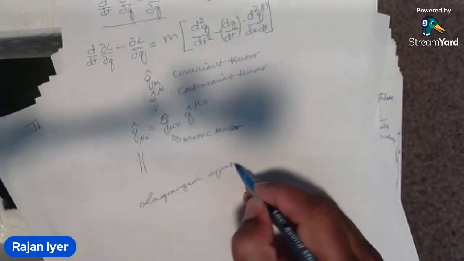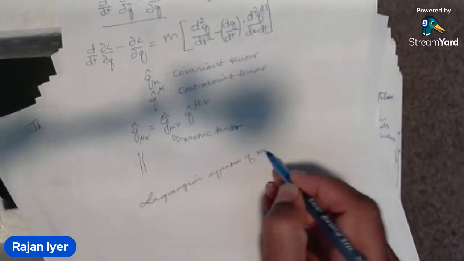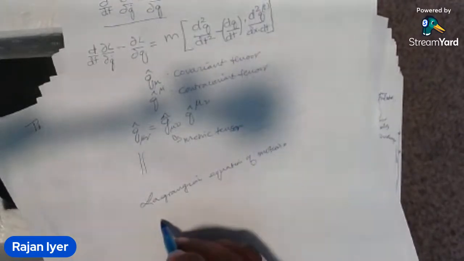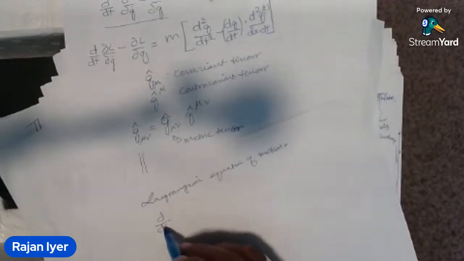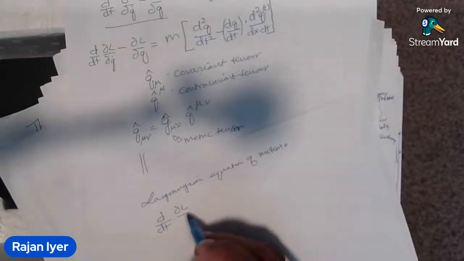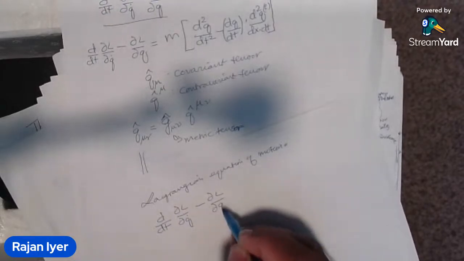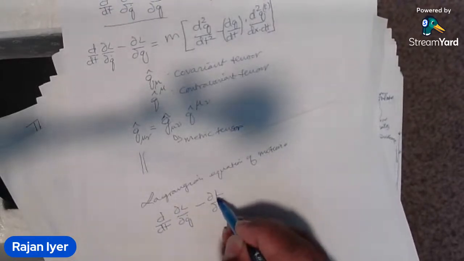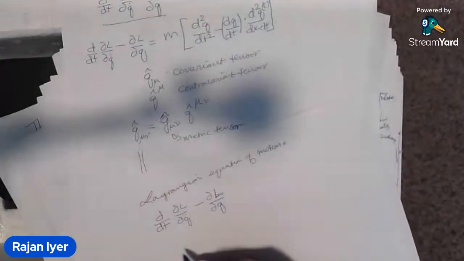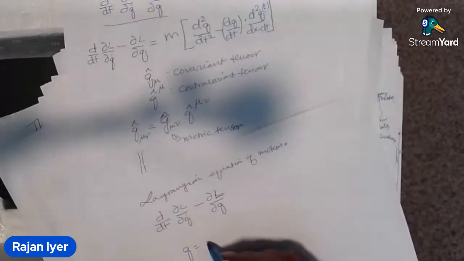So let's go back and rewrite the Lagrangian equation of motion. Again, we have our famous equation, d over dt of del L over del q prime, minus del L over del q. Now q, we said, has to be q of x, y, z and t, right?